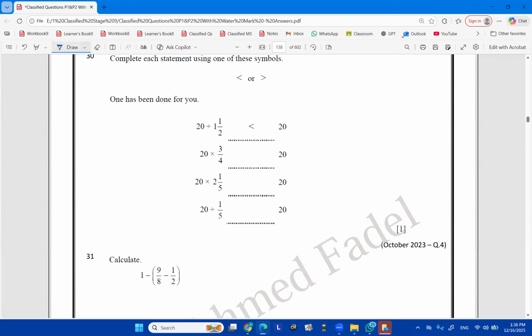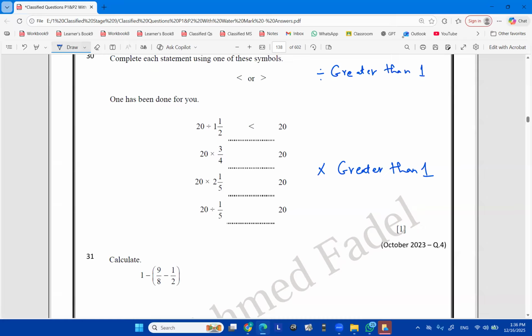Here, we agreed before, if the number that you're dividing by is greater than 1 in division, and in multiplication, if it is greater than 1.